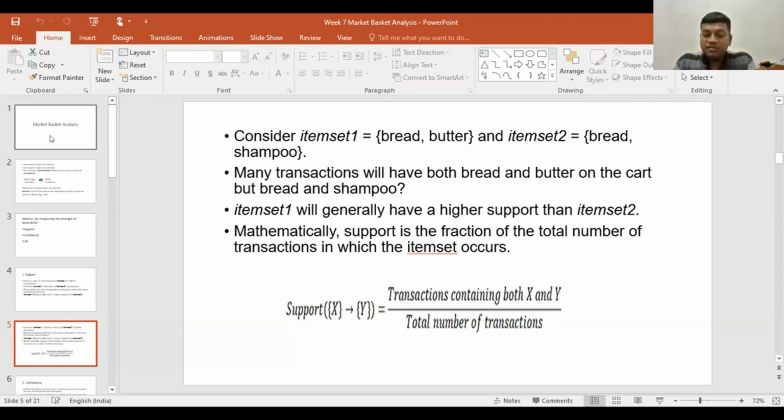So in the language of probability, this is called the joint probability, the joint probability of occurrence of X and Y, which is denoted by probability of X intersection Y. To understand it very simply, count all the times these two things are bought together and divide by the total number of transactions in our records.